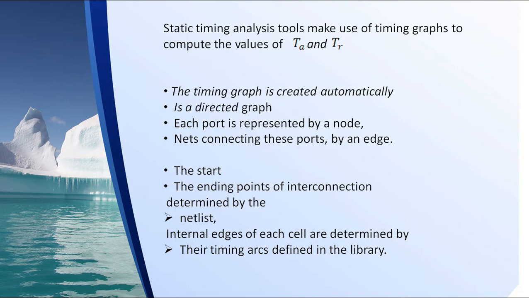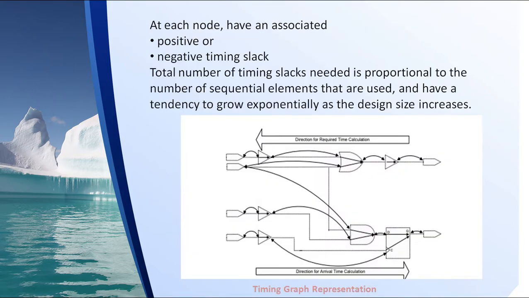Defined in the library. We will have a diagrammatic view also, but before that we must understand the philosophy behind it. What is the actual technique they use over here? Each node has associated with it a positive or negative time slack. That means how much time differs between arrival time and required time.